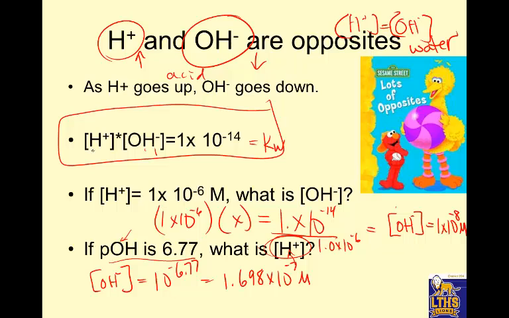Well, now that I know hydroxide, I can figure out hydrogen. So this is hydroxide, X is the hydrogen concentration, and we know that 1 times 10 to the negative 14th is the constant.